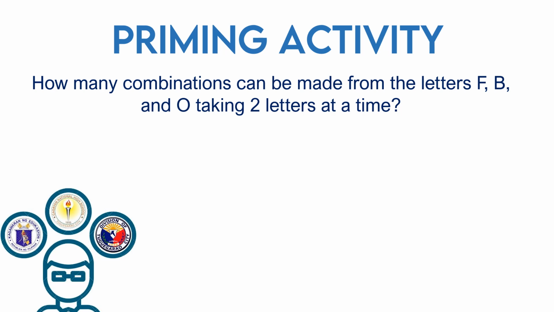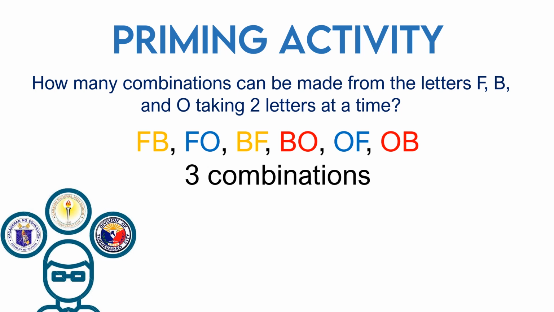Now, how many combinations can be made from the letters F, B, and O, taking two letters at a time? Remember a while ago, we were able to come up with 6 permutations. This time, the problem is asking for the number of combinations. So we have FB, FO, BF, BO, OF, and OB.